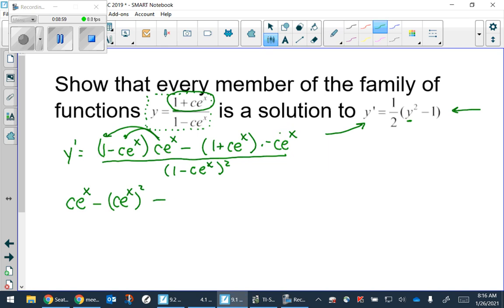Minus, now I've got to do this. And when I do that, I better put this in parentheses so I remember to subtract the whole thing. I believe I get negative C e to the x.